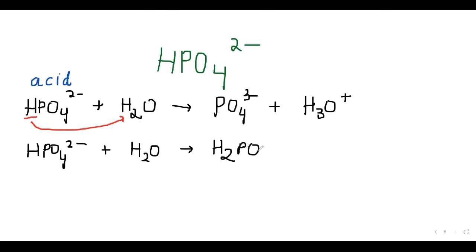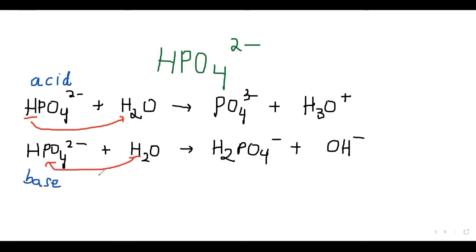H2PO4 minus 1 and OH minus. And this is when water donates the H plus to HPO4. So in this case, HPO4 2 minus receives. So they are a base because base is a proton acceptor.